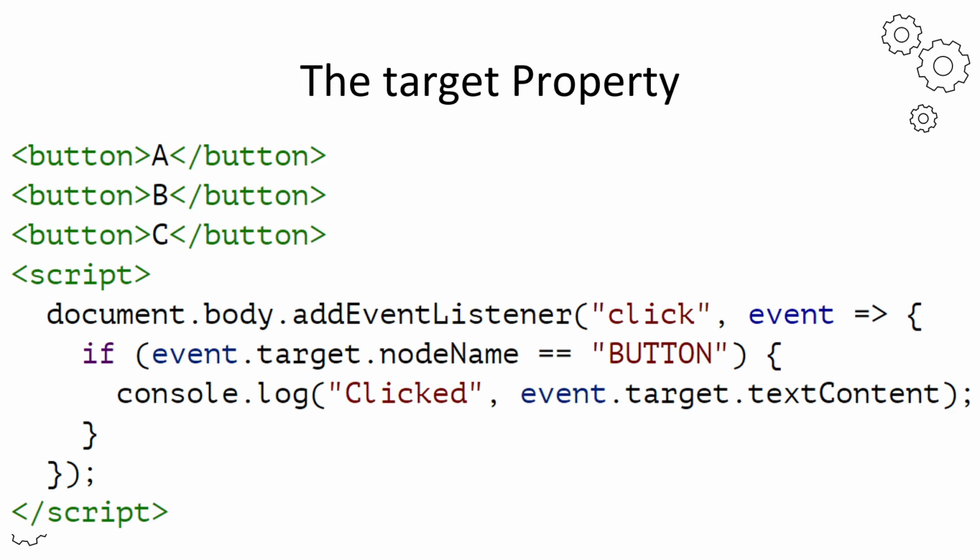We use nodeName to make sure we are on the buttons, and the textContent to get text inside the button. So when the button C is clicked, C will be shown in the console.